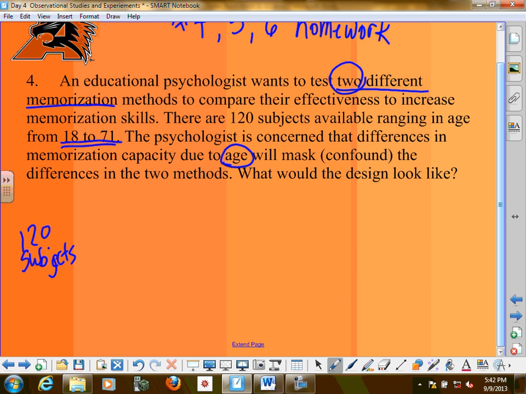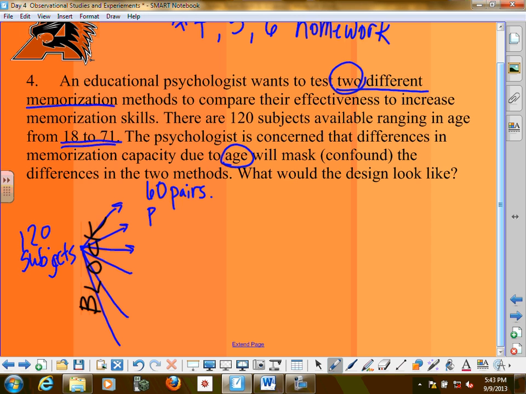But what I want you to do is take all of these subjects, and basically you're going to have 60 pairs. I will have 60 pairs. And I'm going to explain what I have here, okay? So in essence, I am blocking them. So this is me blocking them into 60 pairs. Okay?